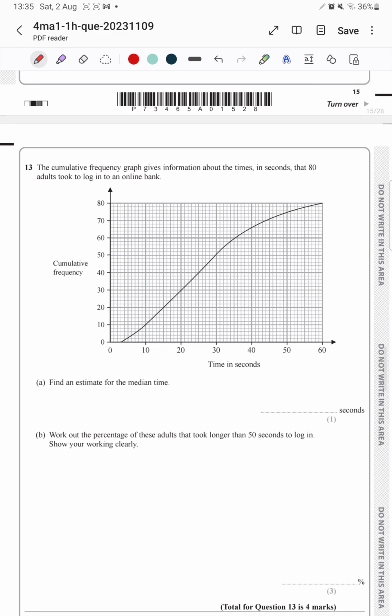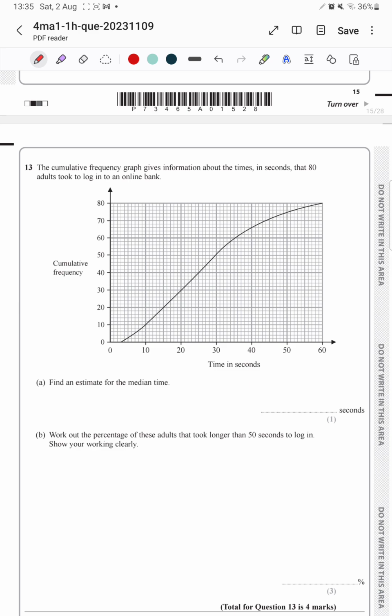Then here we have the next question, question number 13. It says the cumulative frequency graph gives the information about the times in seconds that 80 adults took to log into an online bank. Find the estimated median time.